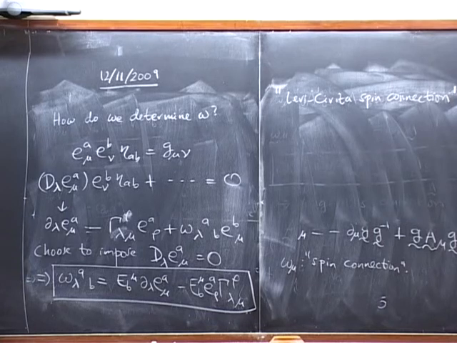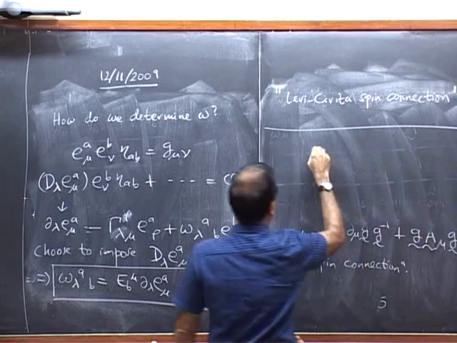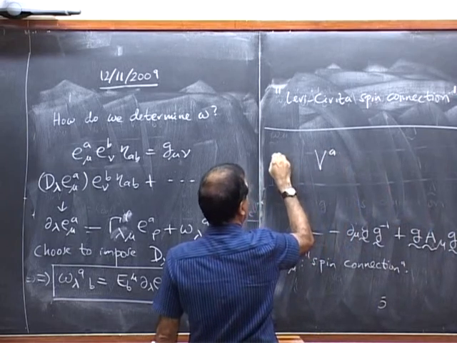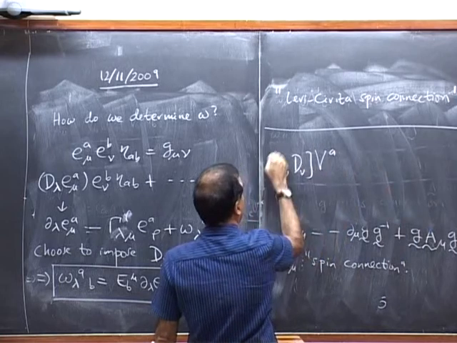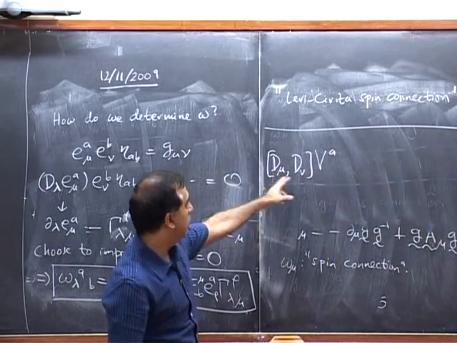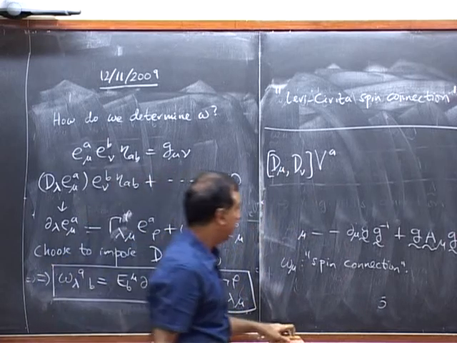Okay. So the last thing, you can probably guess what it's going to be. Let's take a vector V A and calculate d mu in two different ways. d mu on this minus d mu on this, and see what we get.